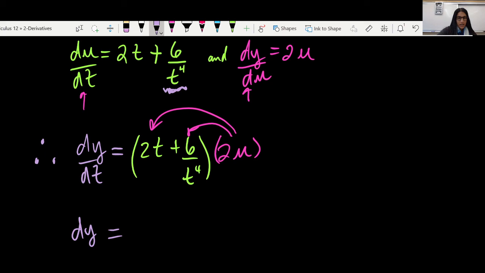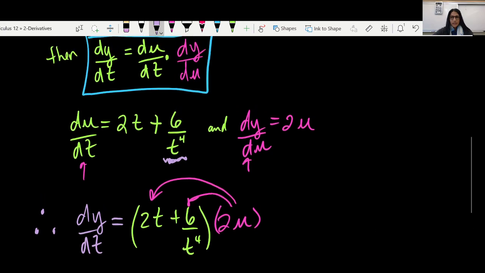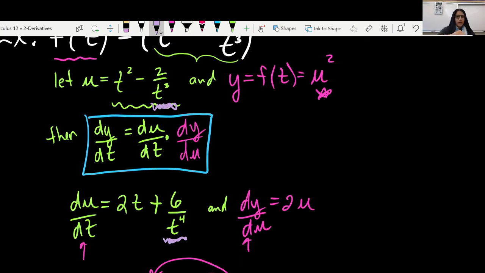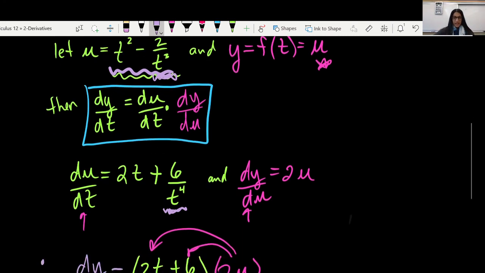So our dy dt, which, let's make this thicker so it's easier for you to see, would be equal to, what's the best way for us to do this? Well, first of all, do you see that our u was equal to all of this stuff here? So we need to take that and plug that back in.